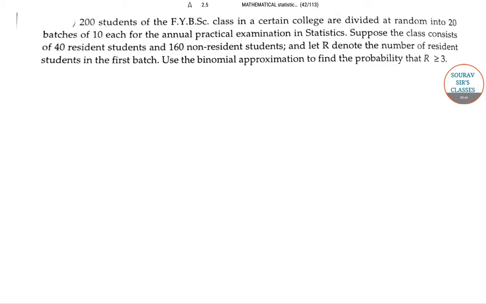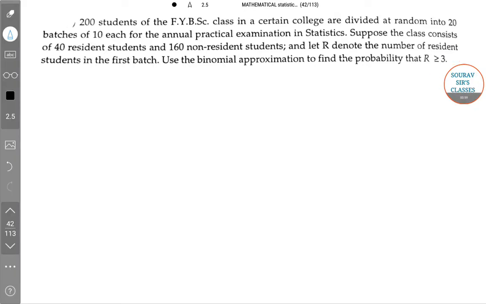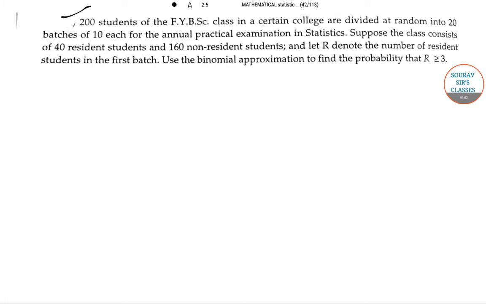So first I'll give you 1 minute to go through this question. Read it carefully from the beginning, that the number of students given in this class are divided at random into batches of 10 each.